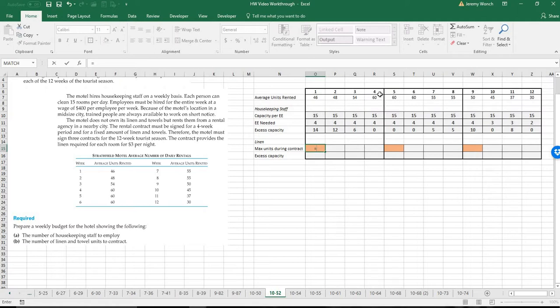So what we want to do is use the max function, because we want the most, but we have to do this every single week. That means in week 2 we're going to have to order 60, in week 3 we're going to have to order 60, and in week 4 we're going to have to order 60.